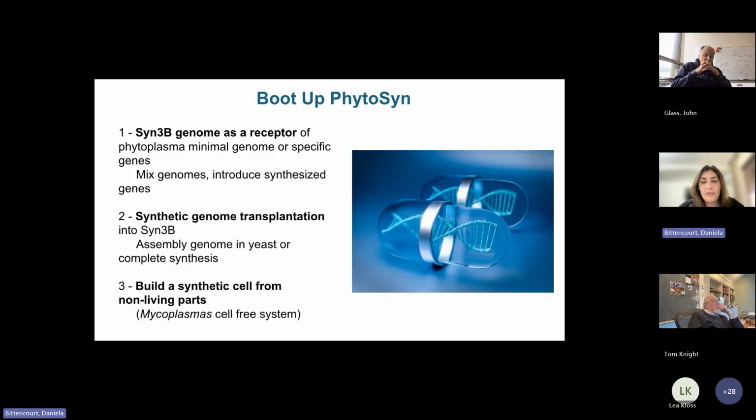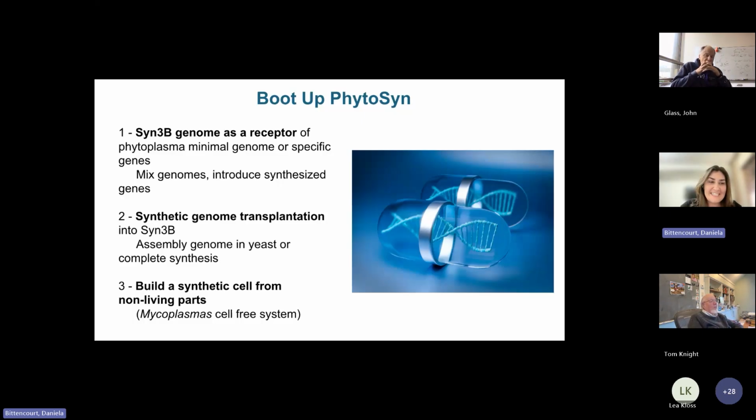Secondly, we're going to perform genome transplantation, as Zuma just presented recently. And third, we can explore as well the bottom-up construction, so building a synthetic cell from non-living parts using a Mycoplasma cell-free system, as Tyler also presented to us earlier. So each one of these routes offers complementary ways to test feasibility and actually bring our phytosyn to life.